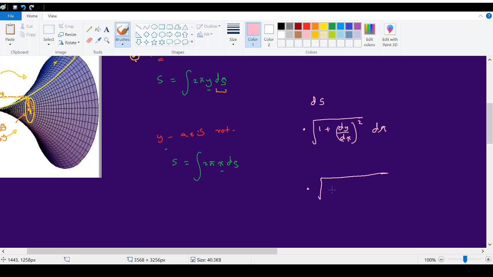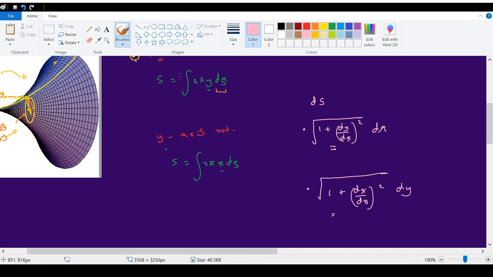And the other one is square root of 1 plus dx by dy squared, times dy.